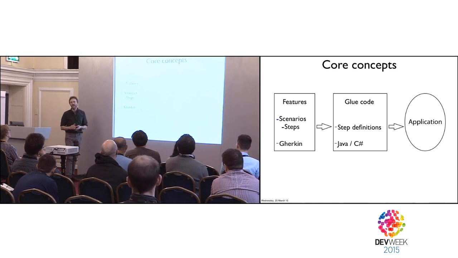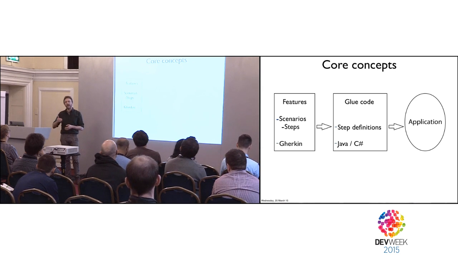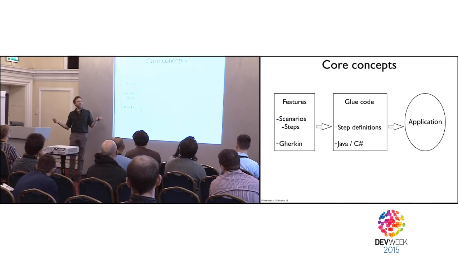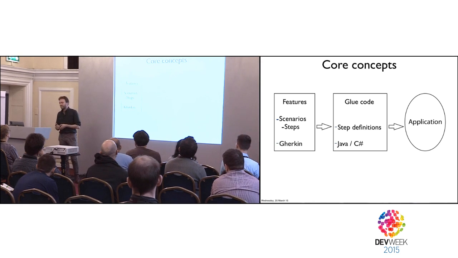So to some extent, it's slightly unfortunate that it's called Cucumber and has got that whole baggage of jokes behind it. And people say, why is it called Cucumber then? And the answer is banal and pathetic.